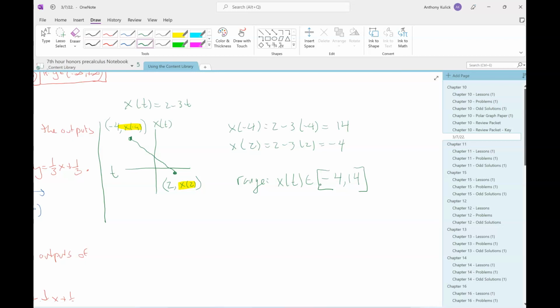So that's what the domain then for my Cartesian function would be.